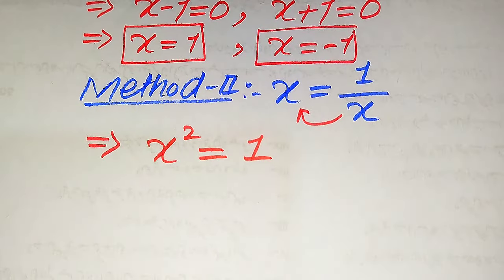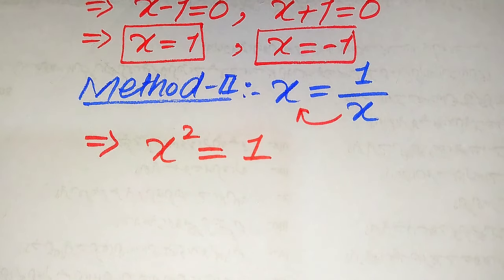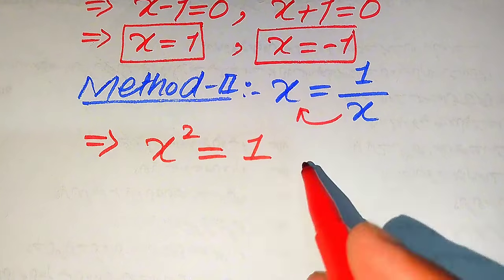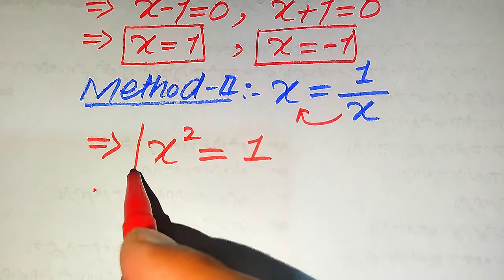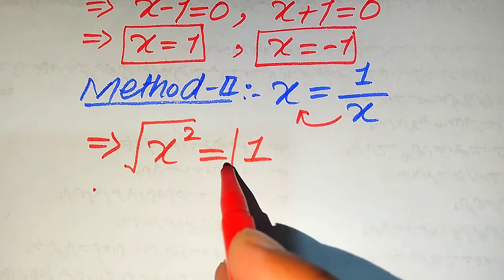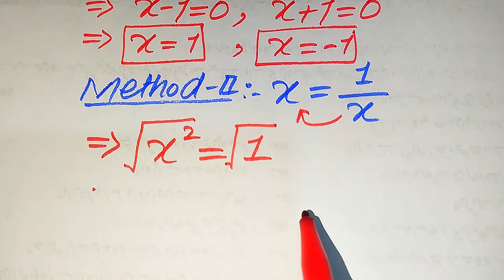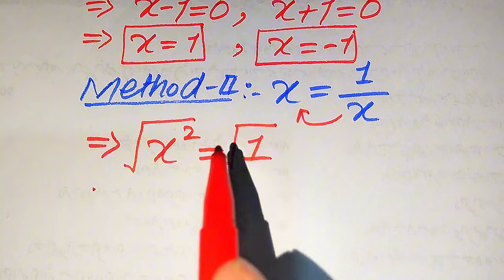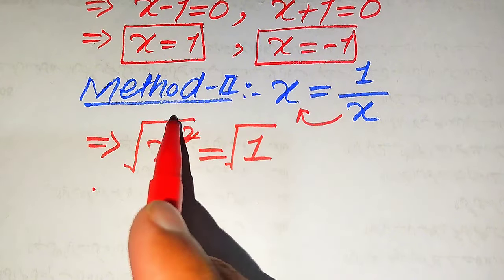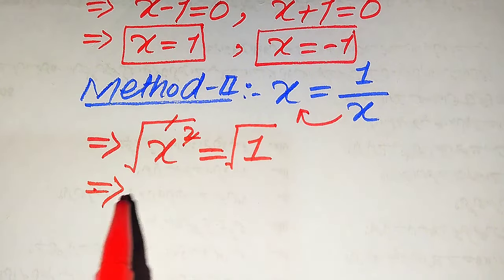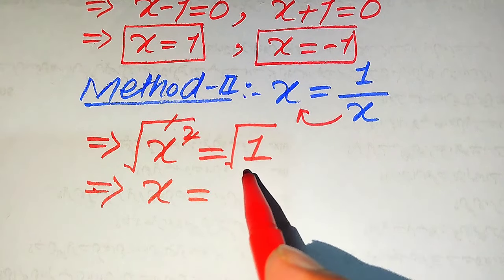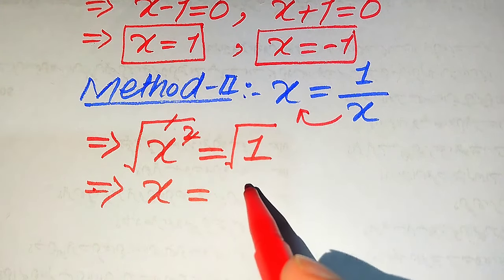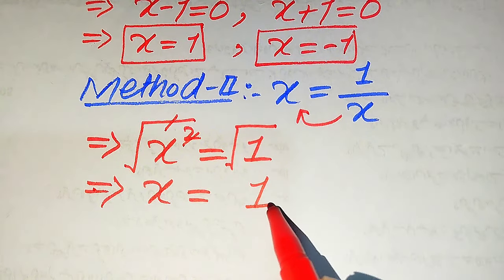In the second method I use the square root technique to find the roots of this equation. In the square root technique we apply the square root on both sides of this equation. When you apply the square root on both sides, the square and the square root are gone, and we get x equals, on the right hand side, the square root of 1, and we know that the square root of 1 equals 1 only.